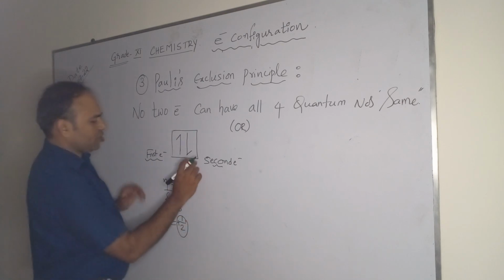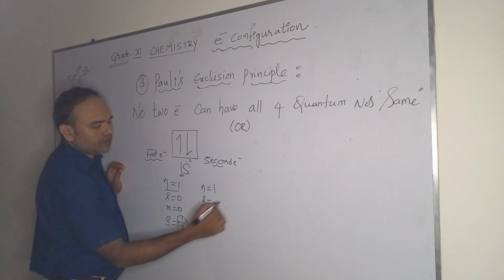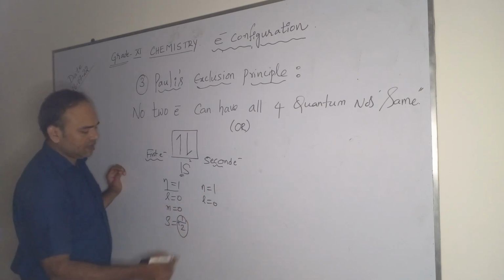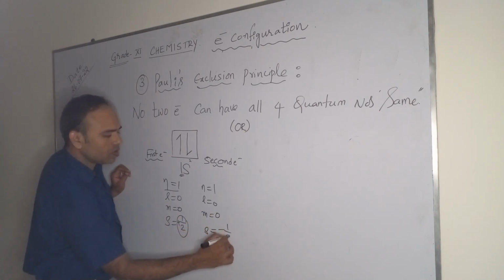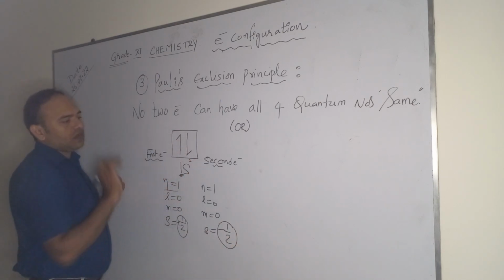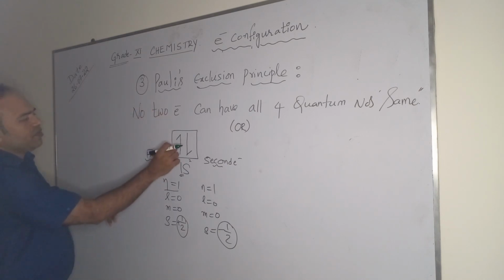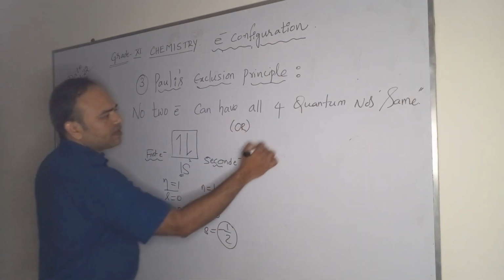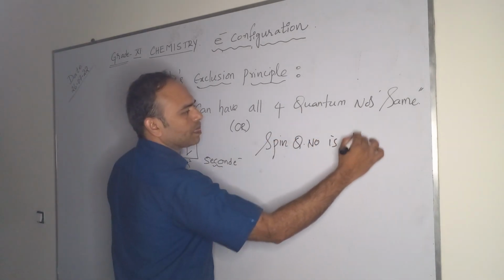Now coming to the second electron, n is 1, l value is 0. Later, in that particular lecture on quantum numbers, you can calculate this. Now m is equal to 0, but spin is equal to minus half, because it is showing anti-clockwise spin, arrow mark downwards. So no 2 electrons can have all 4 quantum numbers the same. What is different? Spin quantum number is different.